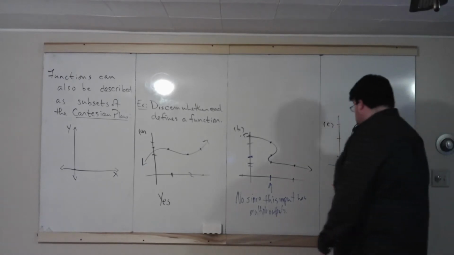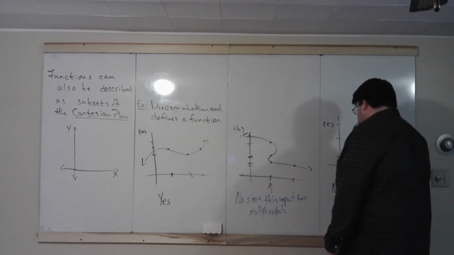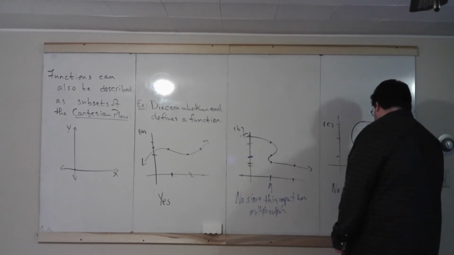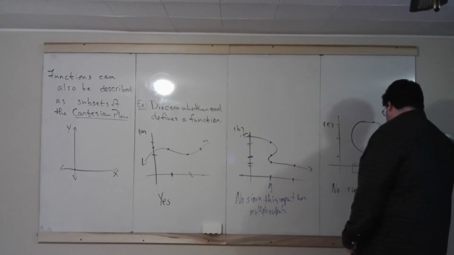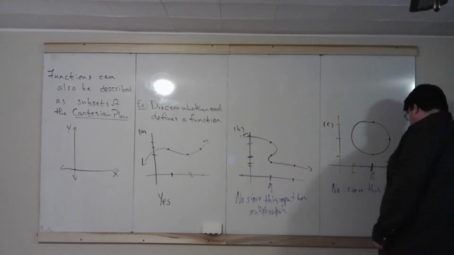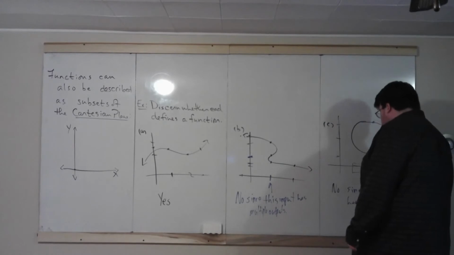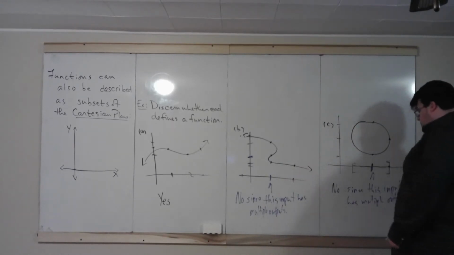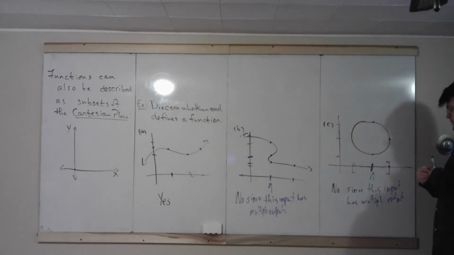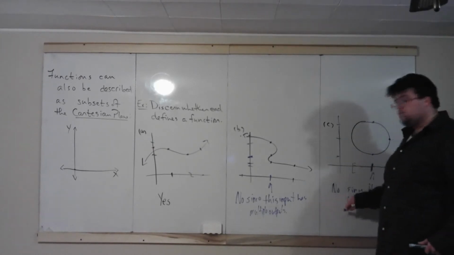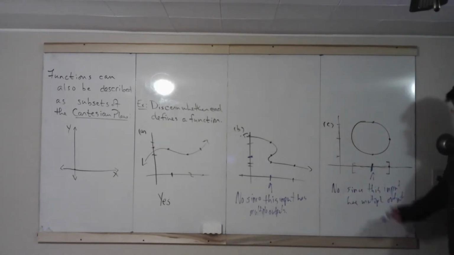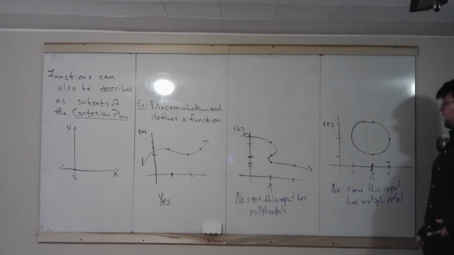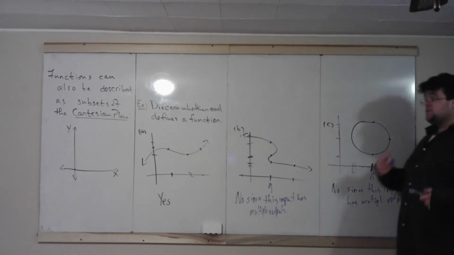So this also does not define a function. No, since this input has multiple outputs. And sometimes I get a little lazy with writing, especially when I'm writing the same sentence twice. But all we needed was an input which had multiple outputs, and this does not define a function.